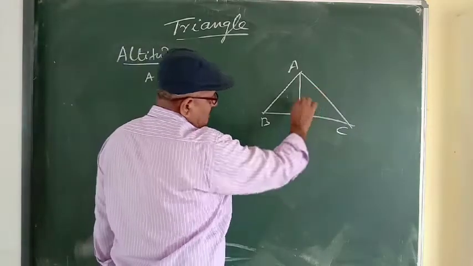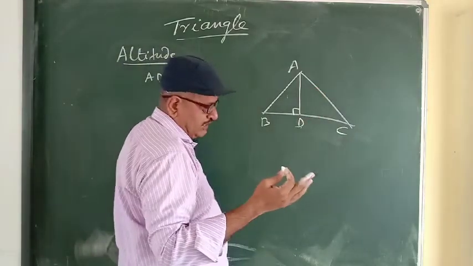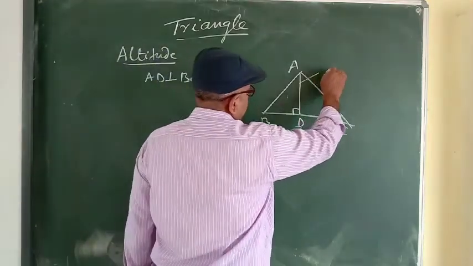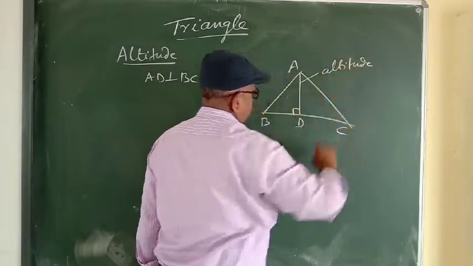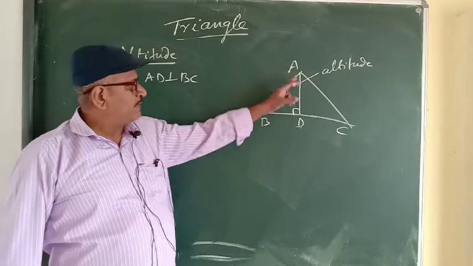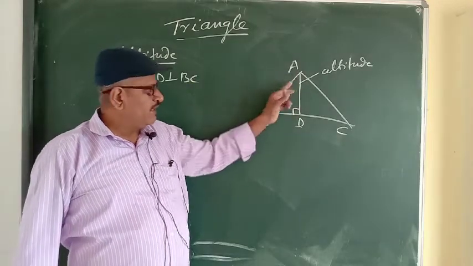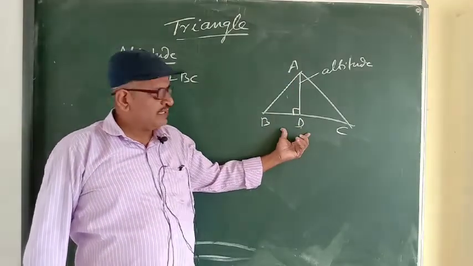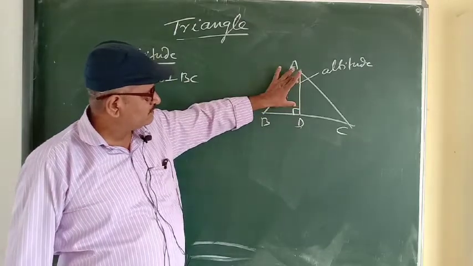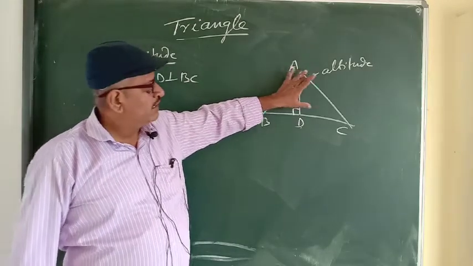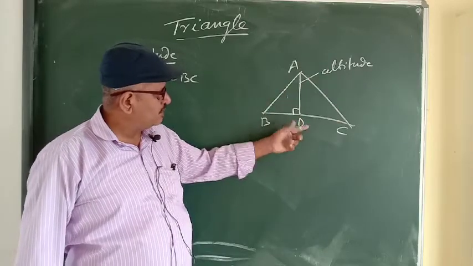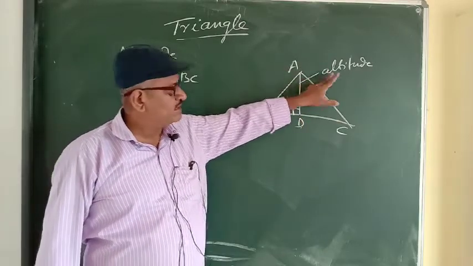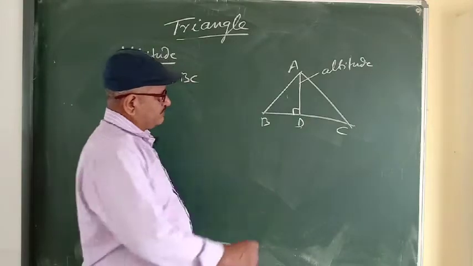So this AD is called altitude. Altitude means height of the triangle. So if we draw the perpendicular from any vertex to its opposite side, then the length of this perpendicular is called altitude. So here AD is perpendicular to BC, length of AD is called altitude.